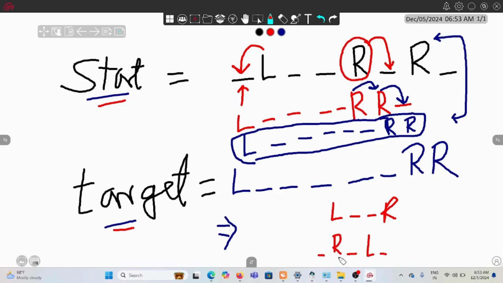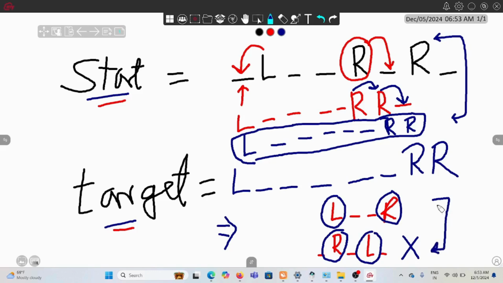Whatever operation we do, we just cannot get to this. L and R cannot cross each other. So this would never be achievable, because the relative positions of L and R are different in the target string. The answer is only achievable when the relative positions of L and R are the same in both the start and the target strings.